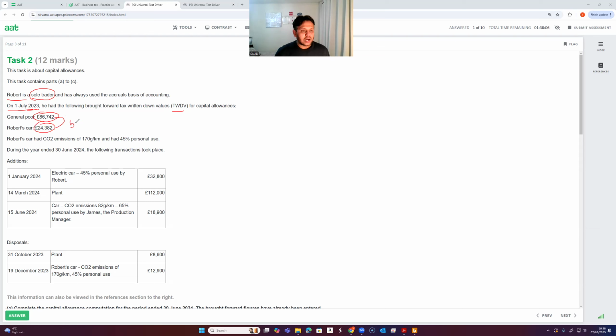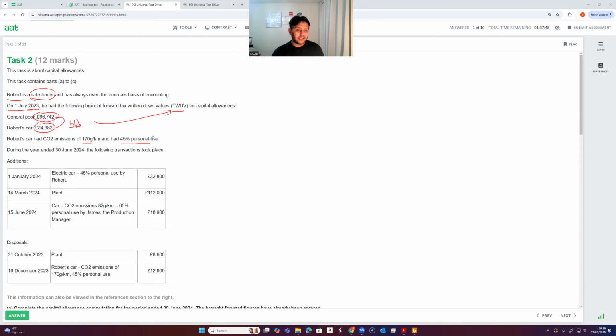So these two are balances brought down for the tax written down value, for the general pool and for Robert's car. Now, Robert's car had CO2 emission of 170 grams and 45% personal use.